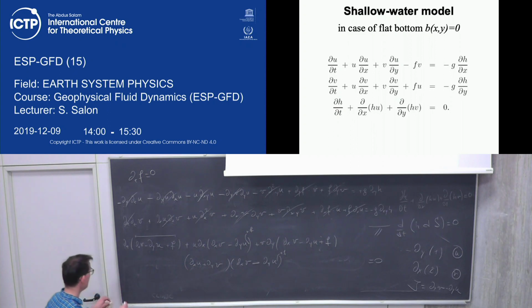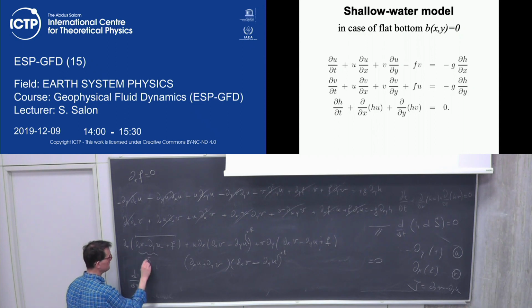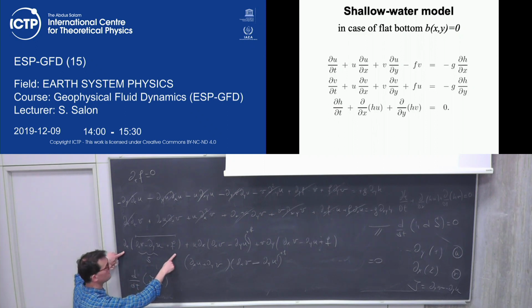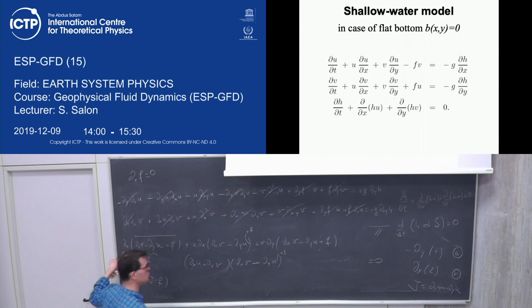So what we have is d dt of, this was theta. So this term here takes the local variation and the advection, which is equal to the horizontal convergence or divergence multiplied by this term here.